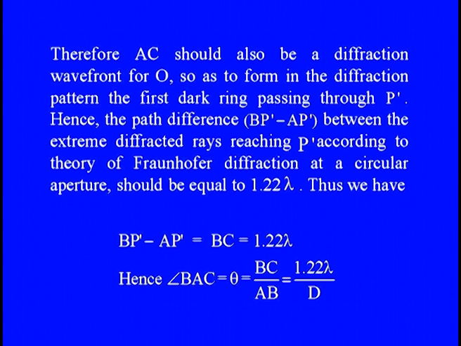Thus, we have B P prime minus A P prime equal to BC, which is equal to 1.22 lambda. Hence, angle BAC equal to theta will be equal to BC upon AB, which will be equal to 1.22 lambda upon capital D, where capital D is the diameter of the objective.